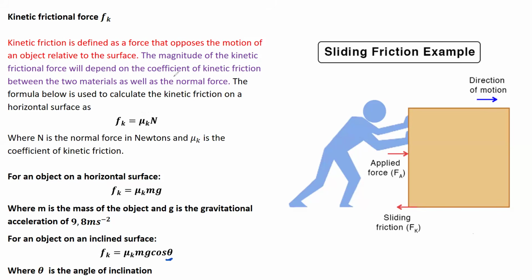I'll deal with it later on. For now, the coefficient of kinetic friction is the one that affects the kinetic friction, as much as the normal force. Please do not forget that.